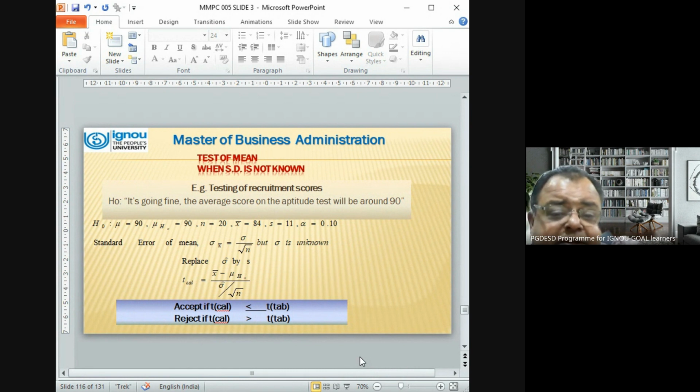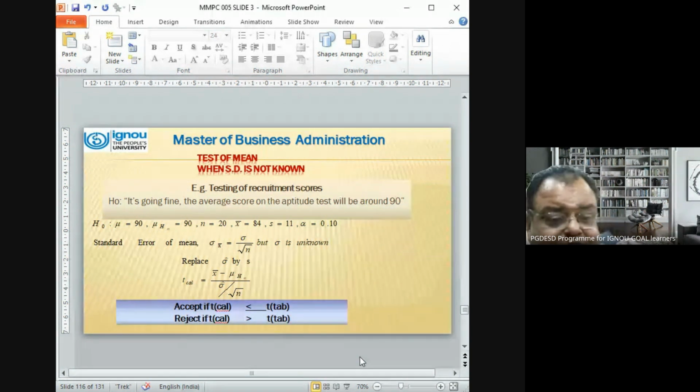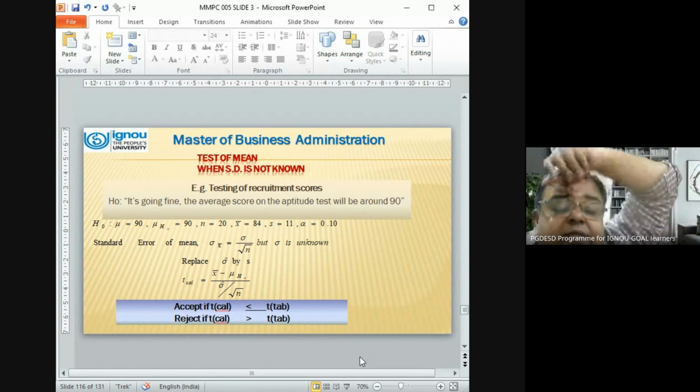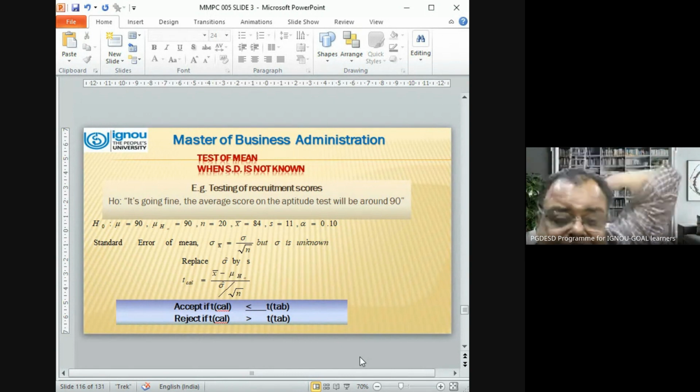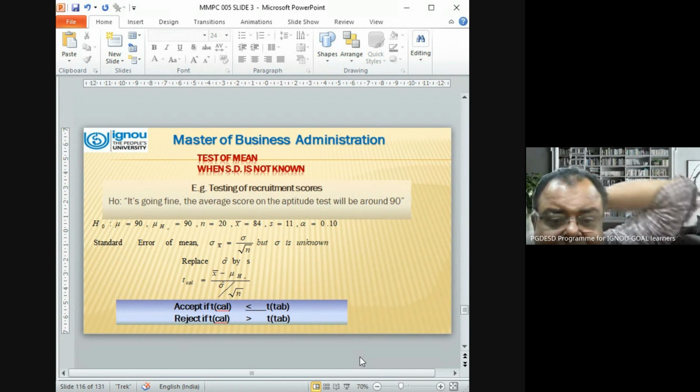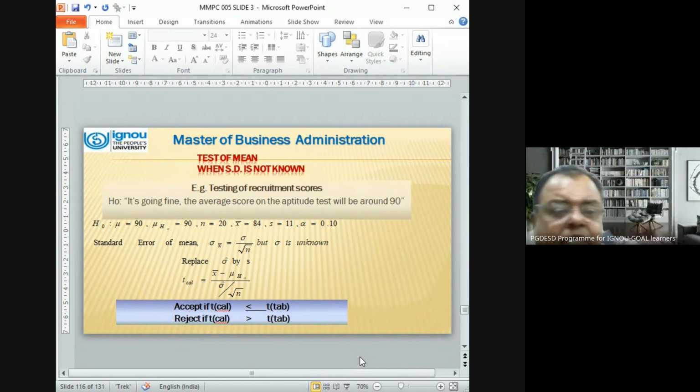If standard deviation sigma is not given to you, then what will you choose to do? I have already told you sigma is not given, then what has to be taken? The problem cannot be left as such.